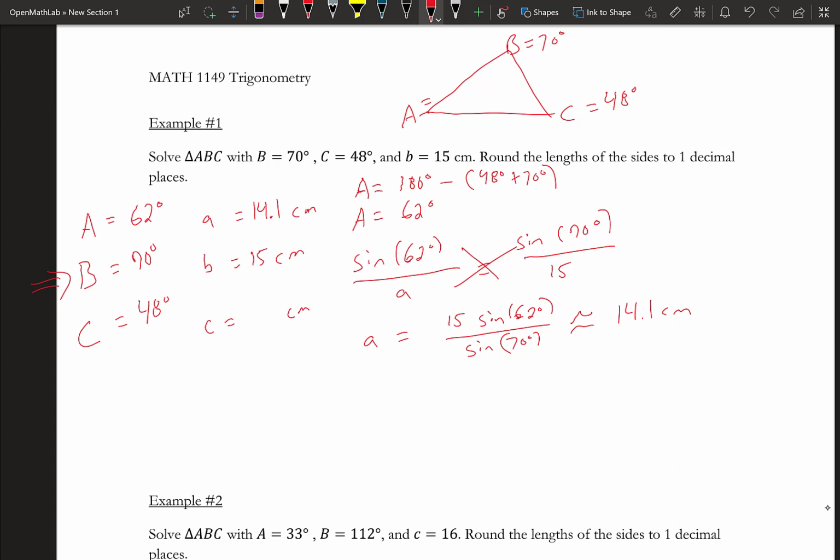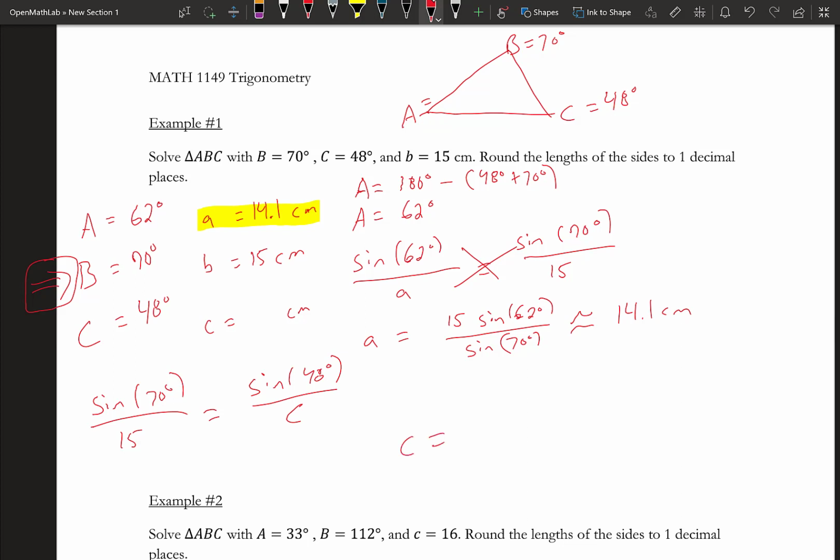So then to be able to find c, I recommend still using the information for B, because this answer for a is rounded. If I can avoid using a rounded answer to get another answer, that's going to be better. So we can just say sine of 70 degrees divided by 15 equals sine of 48 degrees all divided by c, and just solve for c.